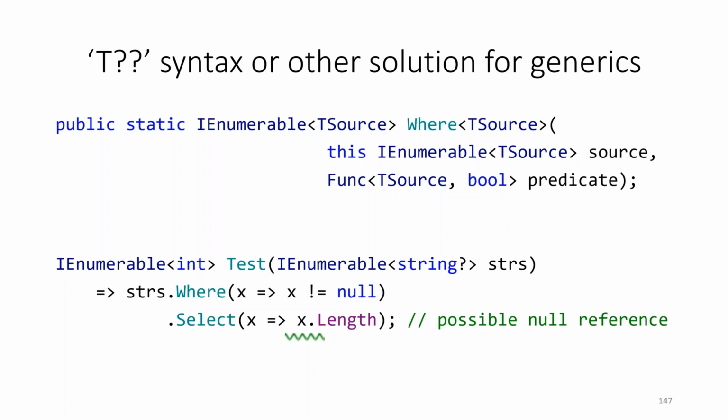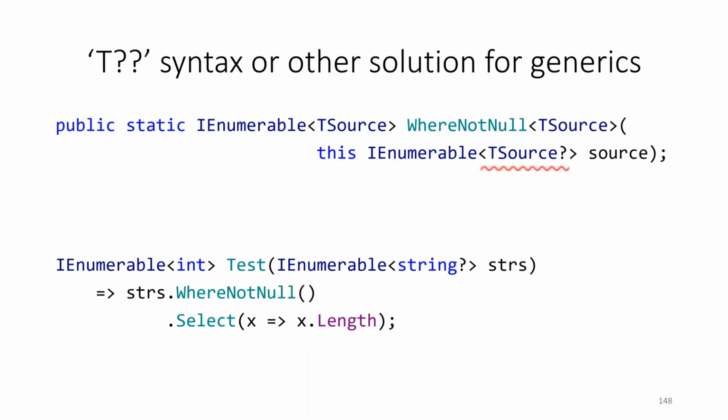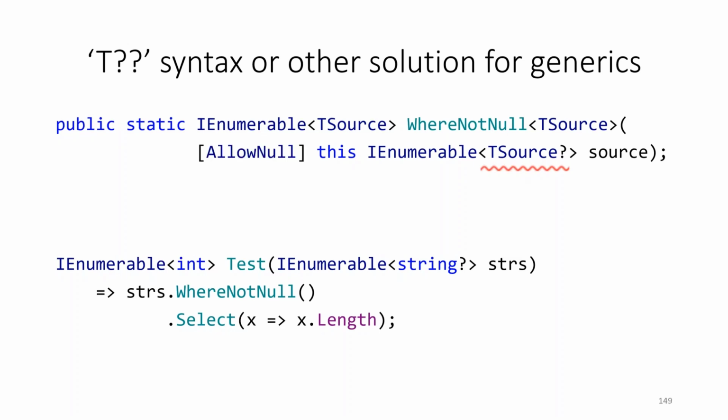And I could try to solve it by providing a WhereNotNull method that actually exists in Kotlin, which is another language with nullable reference types. But unfortunately, I can't annotate the type of elements of this collection as nullable because the syntax isn't allowed. And I can't fix it with attributes because attributes are about top-level nullability.